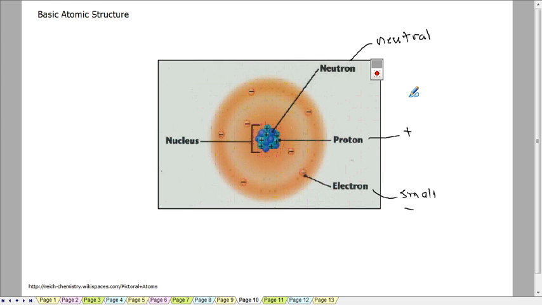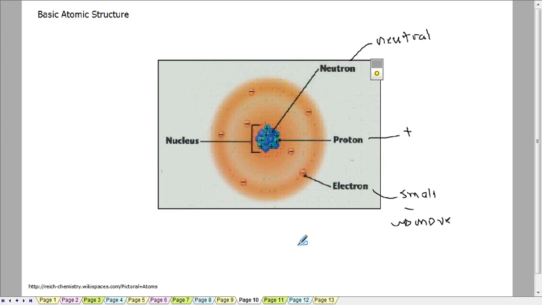Some nuclei will connect with others, things like that. But nothing in the nucleus is moving. However, electrons can jump from one atom to another, so these guys do move. And that's going to be really important, especially when we start taking a look at basic chemical reactions and things like that.